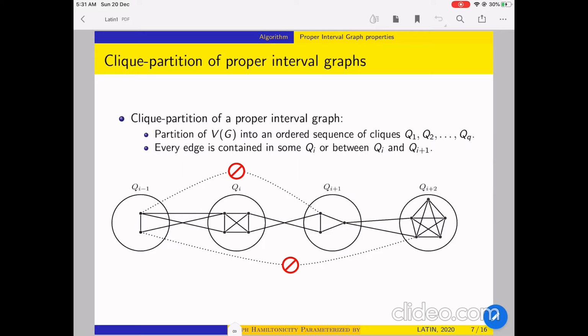If you look at this figure, there can be edges completely contained inside each of these cliques, or edges between adjacent cliques, like the edges between q i minus 1 and q i. But notice there cannot be edges between q i minus 1 and q i plus 1 since they are not adjacent, and we will crucially use this property while designing the DP algorithm.